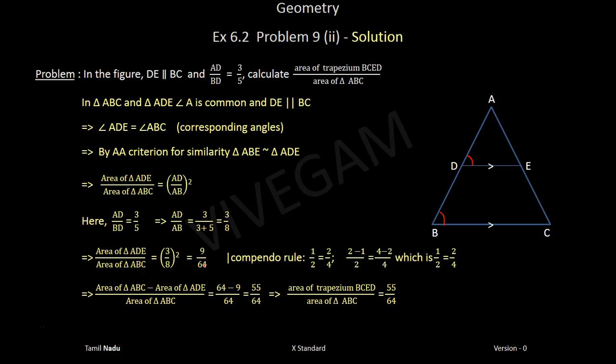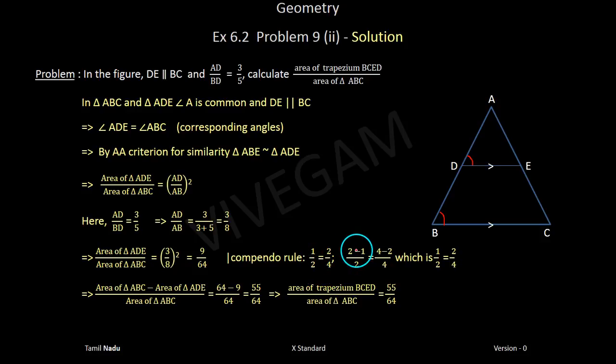Now, come to this componendo-dividendo rule. Let's say 1/2 equals 2/4. Applying this, denominator minus numerator divided by denominator. Let me repeat, apply the rule: denominator minus numerator by denominator. What will you get? 2 is your denominator, right?